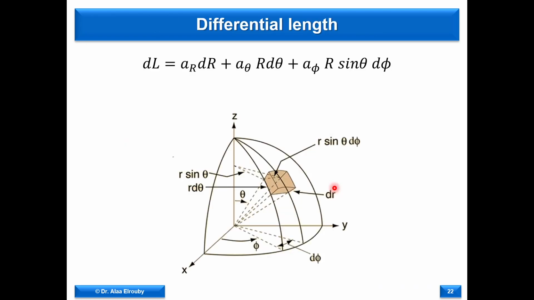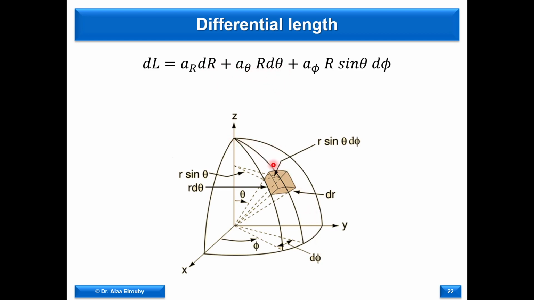Okay, so now to the same practice of defining the differential length, the differential surface, and the differential volume. A differential length in the spherical coordinate system would be a differential component along direction AR, which is away from the origin, and a differential component along theta.